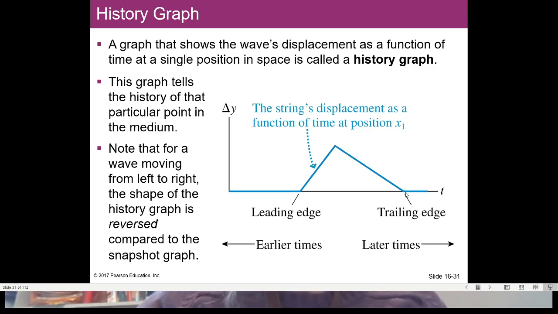Notice that it's backwards. Why is that? Because this is at earlier times and this is at later times. So if the wave is moving in the positive direction of x, these are the earlier points in time and this is the later points in time at position x1.